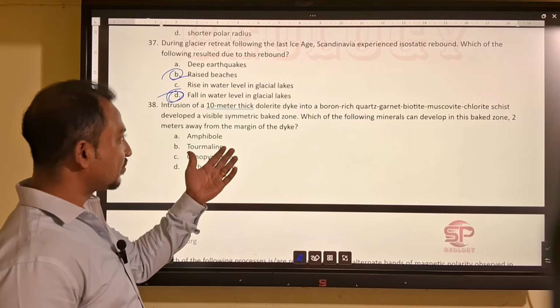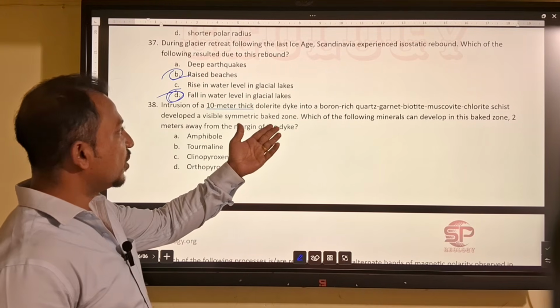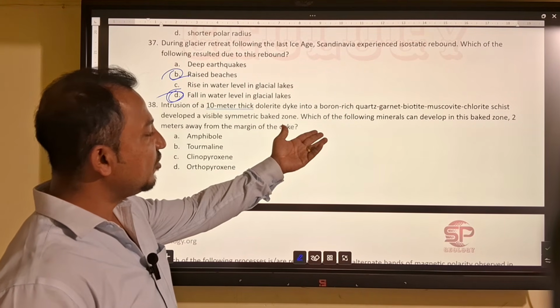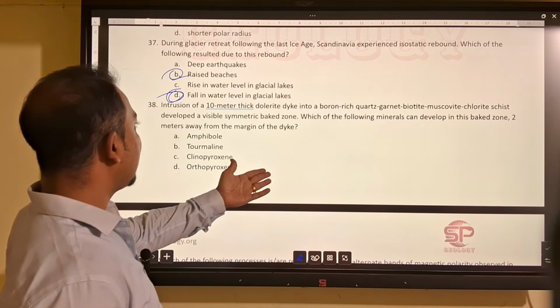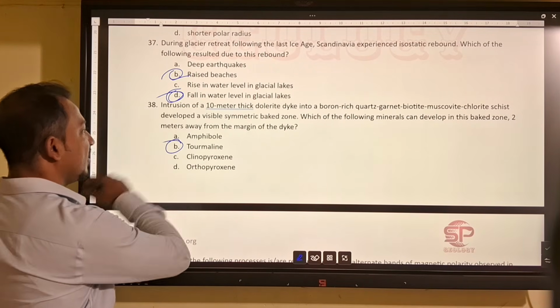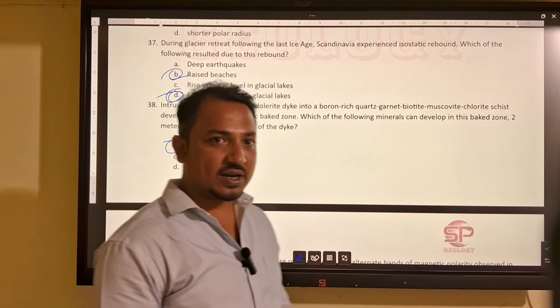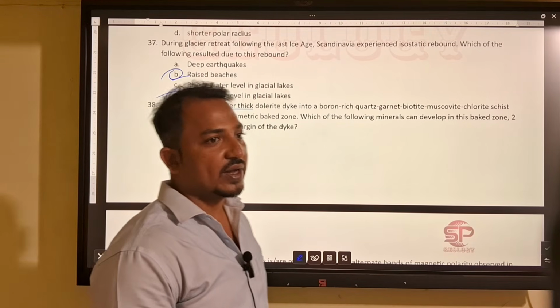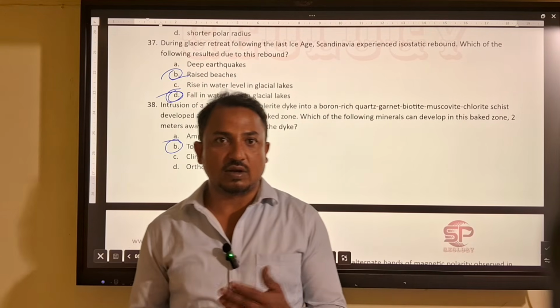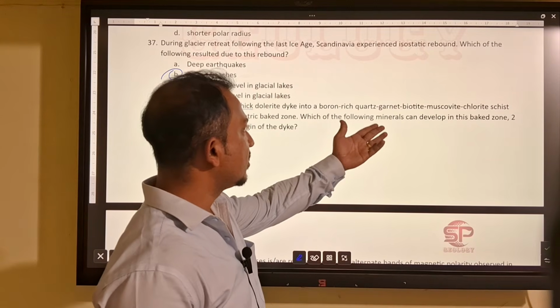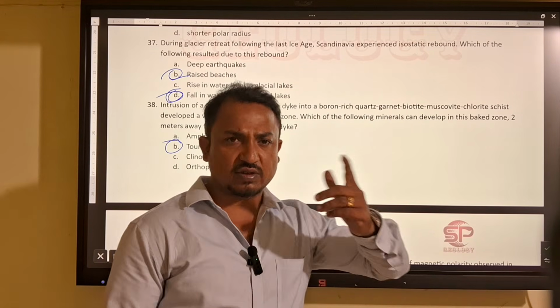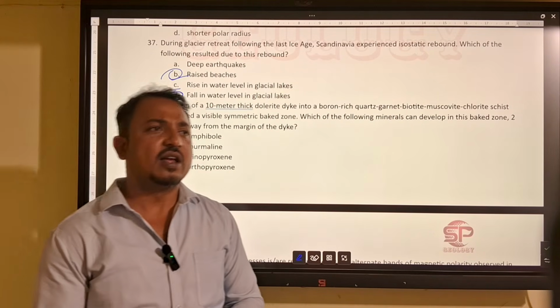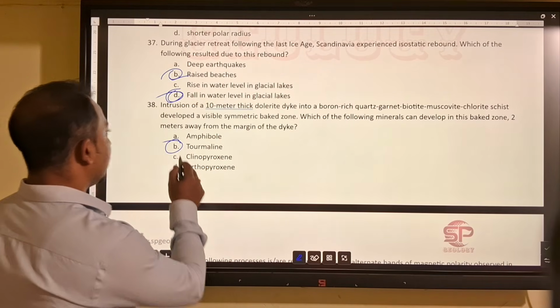Those who already know that can easily answer this question in the JAM exam. A boron rich fluid will produce tourmaline. Any boron rich fluid, when it intrudes into any fractured granite, or here quartz granite, biotite muscovite chlorite schist, or any metamorphic rock, will produce tourmaline.